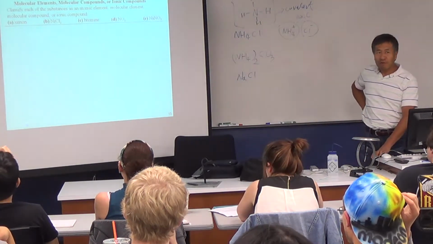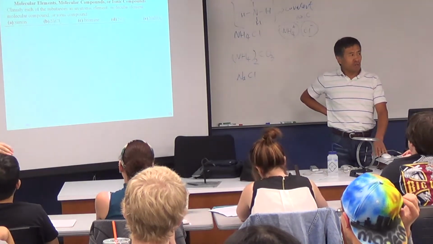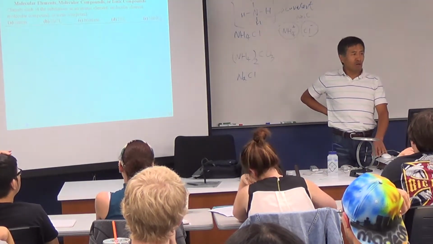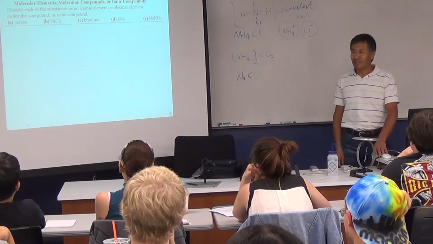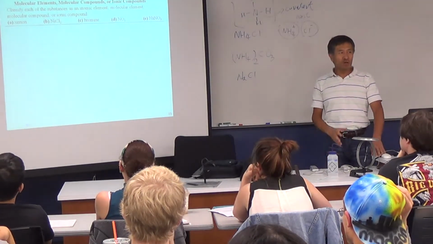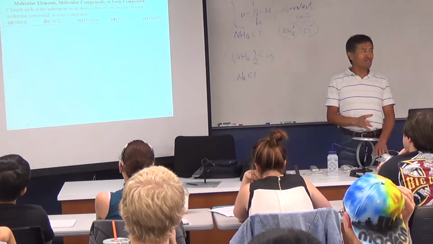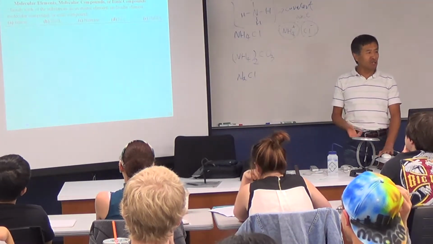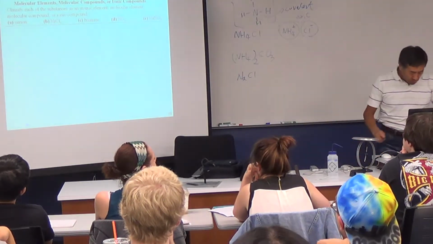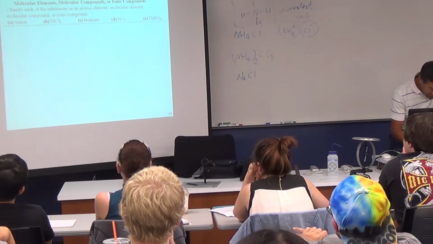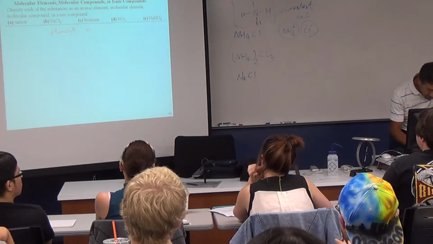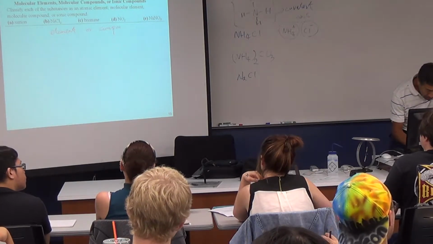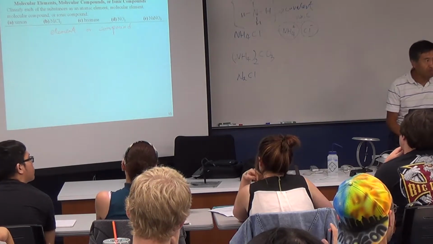So we have a few examples here, and we want to classify them according to what we saw in one slide. We are going to classify them as elements or compounds.